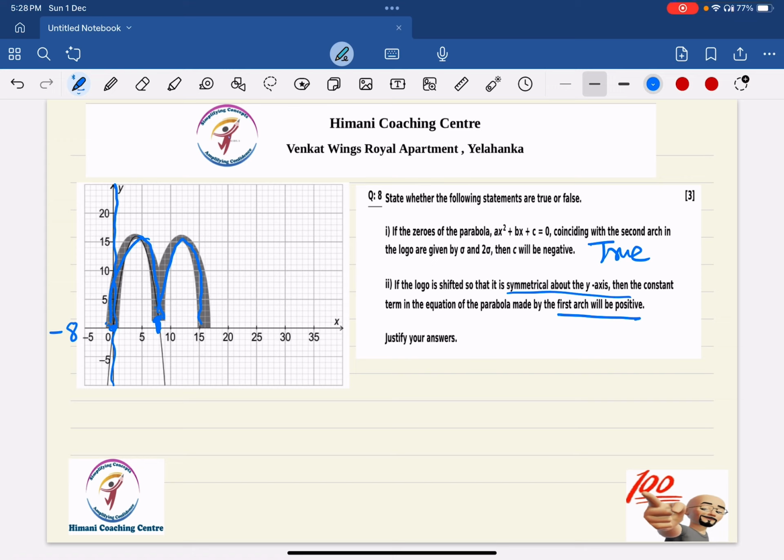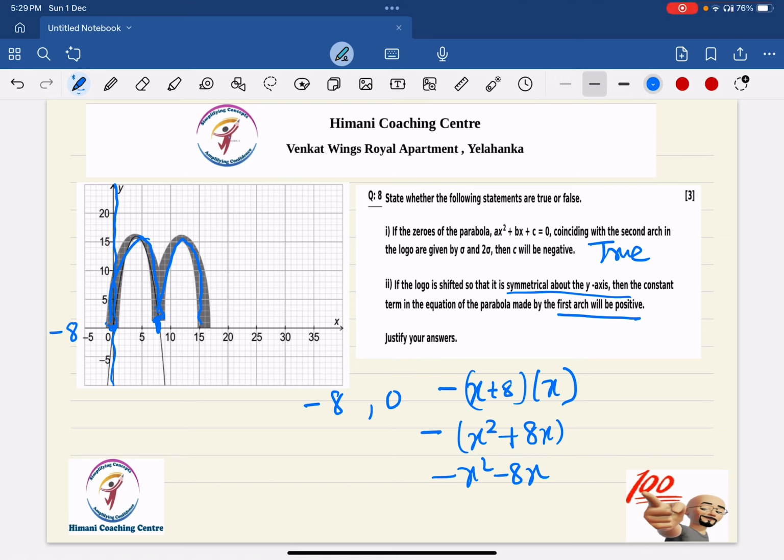Shifted symmetrical about the y-axis. So now what are the zeros? -8 and 0. So what would be the equation? Again, x minus -8, which is x plus 8, into x minus 0, and there is a minus sign in front. So you will have minus x square plus 8x, or minus x square minus 8x.